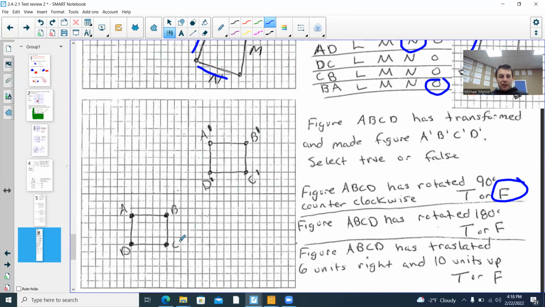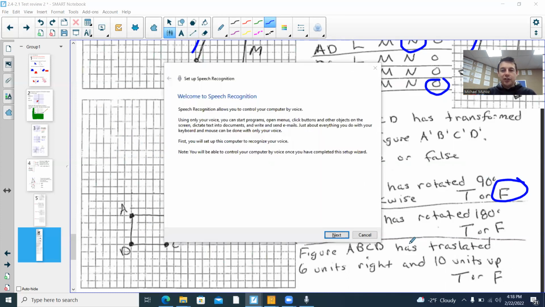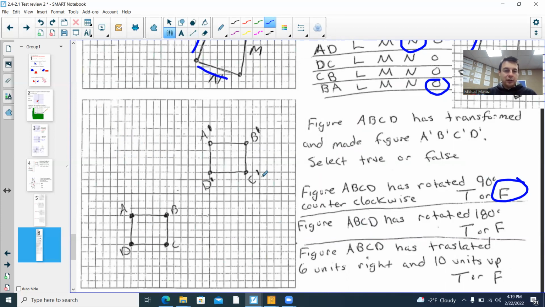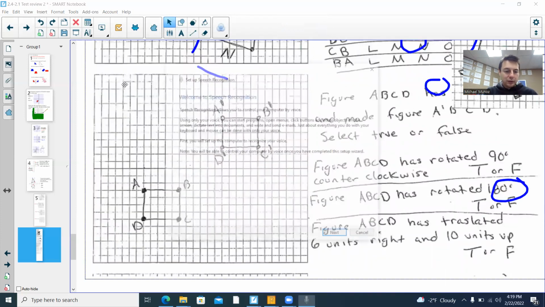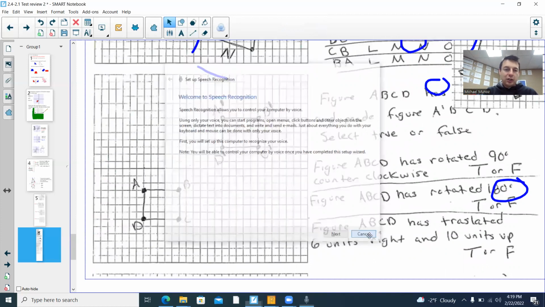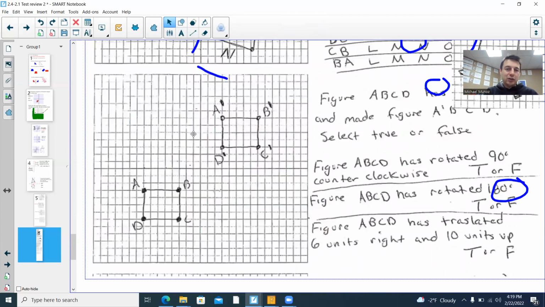And we can check that one. Sorry about that. We can check that one by rotating our paper. I just don't want to do this whole graph here.